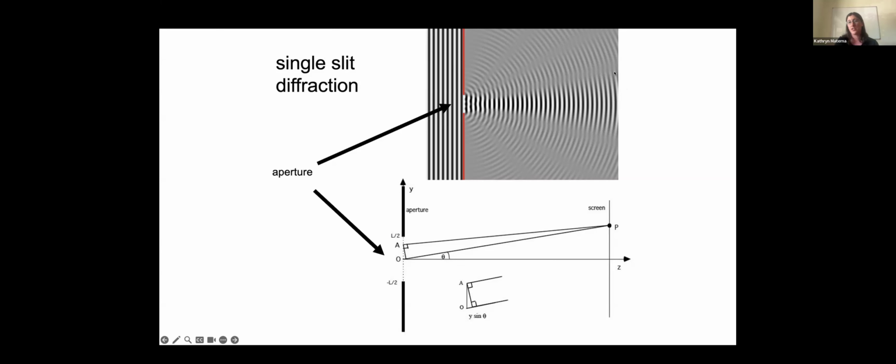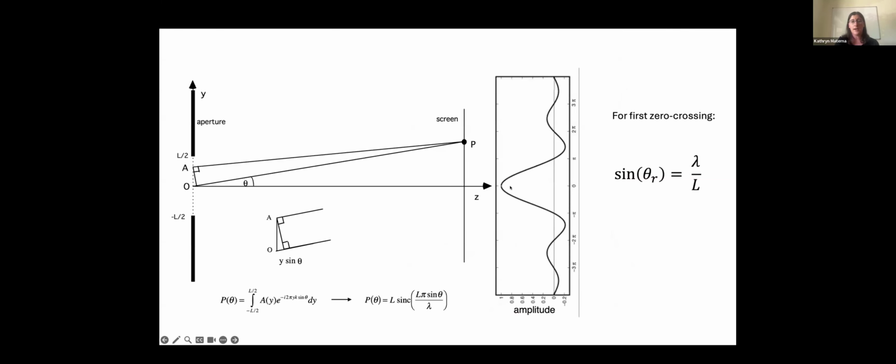The location of the first zero crossing is given by the ratio of the wavelength of light to the size of the slit. So, for example, this is the amplitude pattern on the screen in the far field. And the first zero crossing occurs at an angle theta, where sine of theta is lambda over L. L is the length of the aperture.